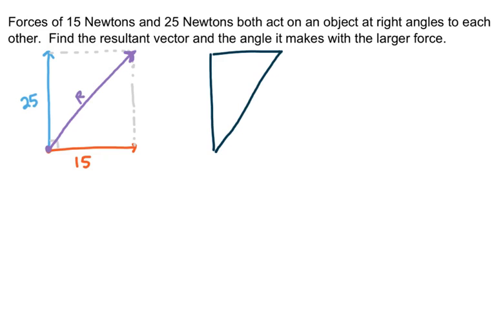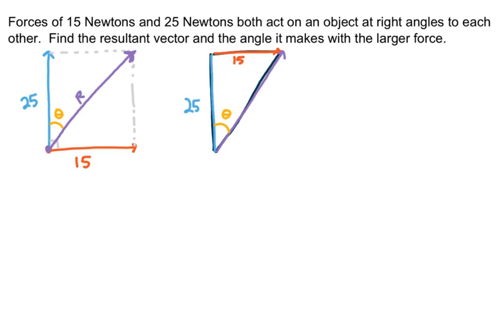So what we have here is a vertical side that is 25. We're interested in this resultant's length. Also, we're interested in this angle, theta. Now, what is the length of this side up here? So this top side is going to be 15.